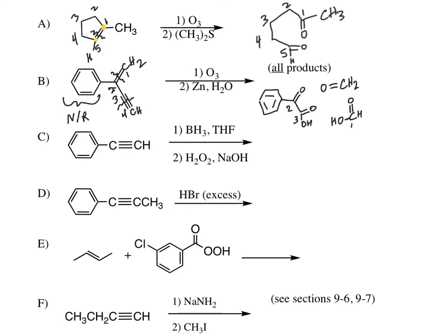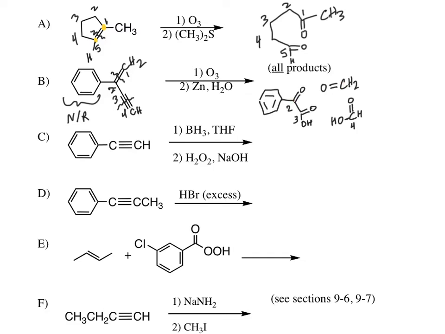And notice this is carbon 4. So a good thing to keep in mind when you're doing an ozonolysis is I started out with 4 carbons in my starting material in addition to the benzene ring, and I still need 4 carbons, 1, 2, 3, 4, in my product.